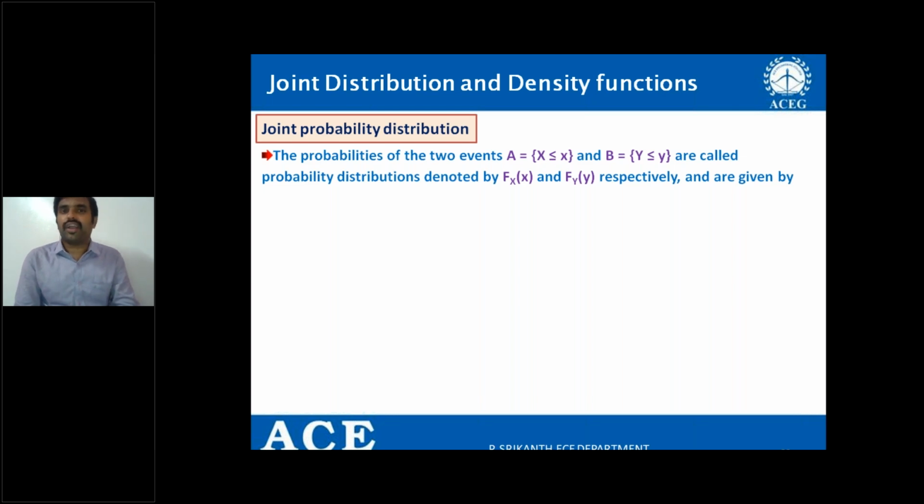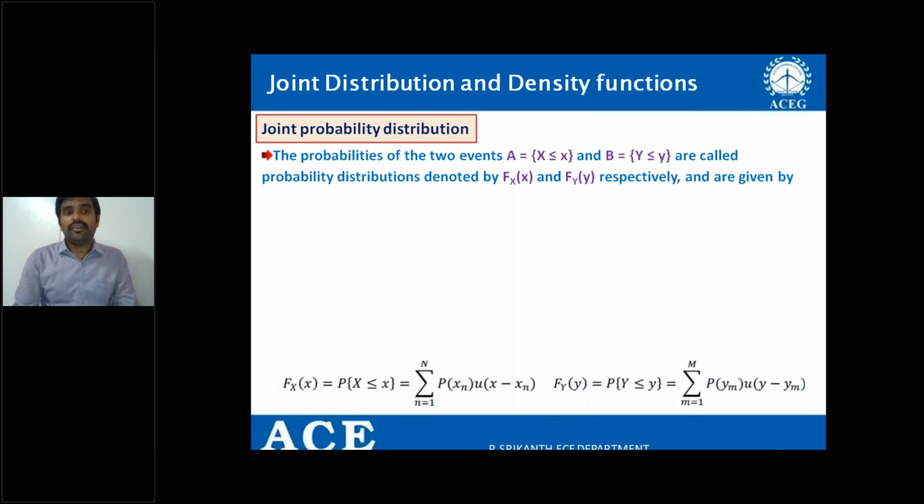One is A, the other one is B. A is related to the random variable X, that is A equal to X less than or equal to x, and B is related to the random variable Y, that is B equal to Y less than or equal to y. They are called the probability distributions, denoted by Fx of x and Fy of y, which we discussed in the single random variable case, respectively, and are given by.